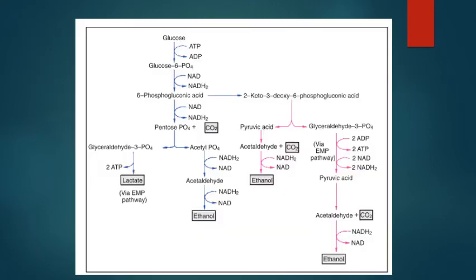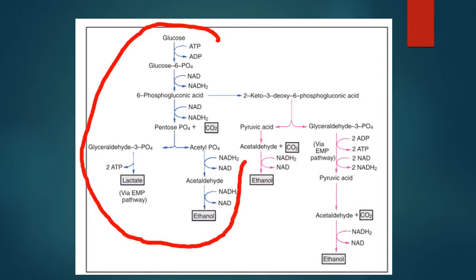Next. So, this is a combination of your EMP, PPP, and then your Entner-Doudoroff pathway. So, this pathway is known as your glycolytic pathway or your EMP. Okay, this is your EMP. Next is this pathway.